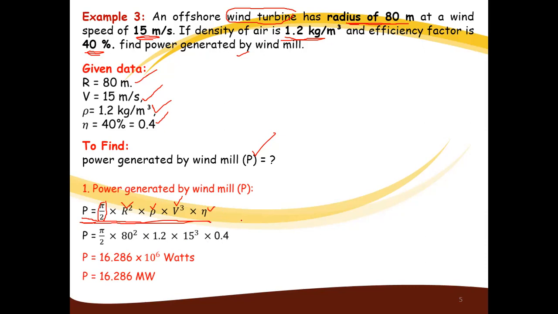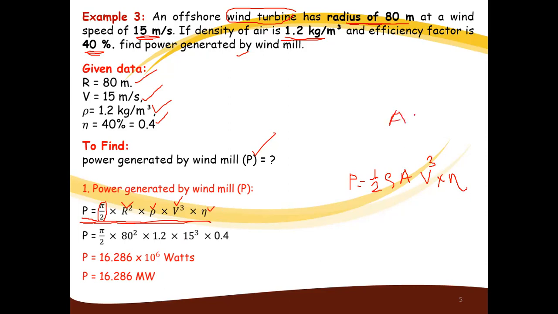Or another formula is there, P is equal to 1/2 rho A v cube into efficiency. We can derive this formula like this as well. Here A is nothing but the area.